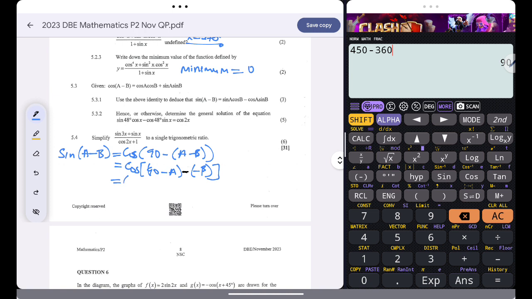It simply says it will be cos of the first angle multiplied by cos of the second angle. Since I have minus there, I will have a plus. Sine of the first angle multiplied by sine of the second angle. This thing will just give me cos of 90 minus A multiplied by cos of negative beta.